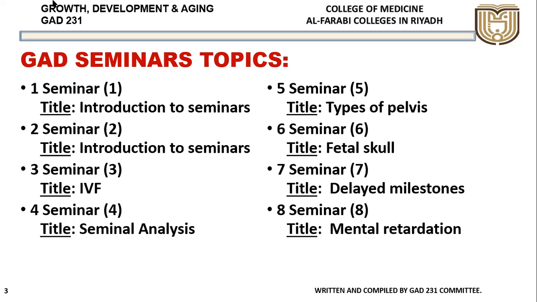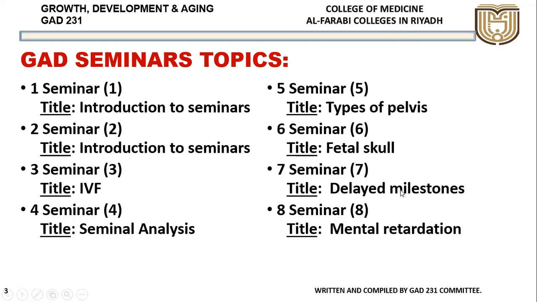Okay, did you choose the topics for yourself? Did you go through these topics? So there is IVF. IVF means in vitro fertilization. Then the second is seminal analysis. These 2 will be covered in the next week. After that, we'll have the types of pelvis and the fetal skull in the third week.